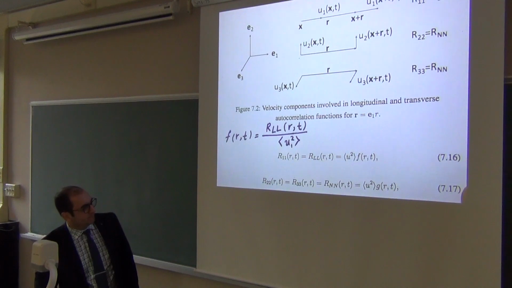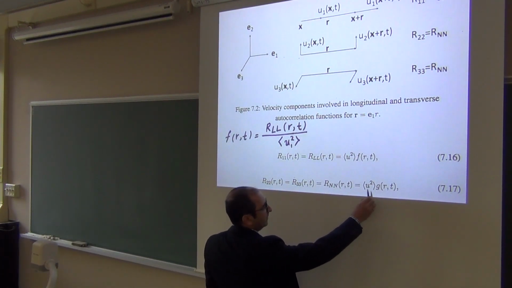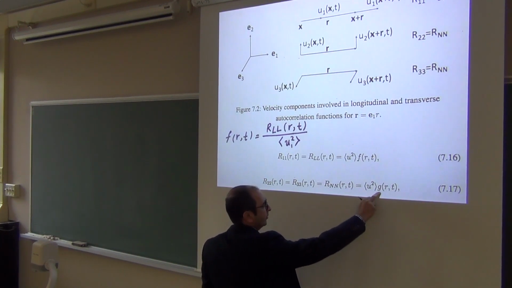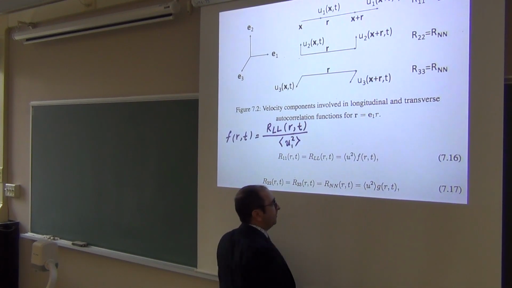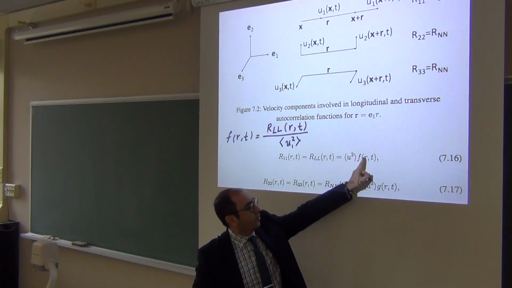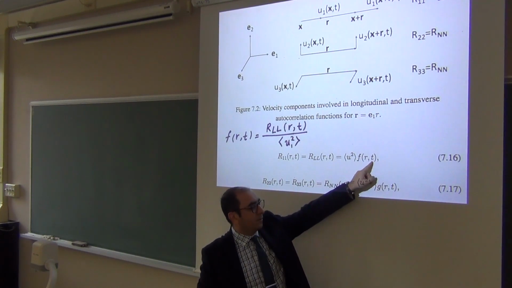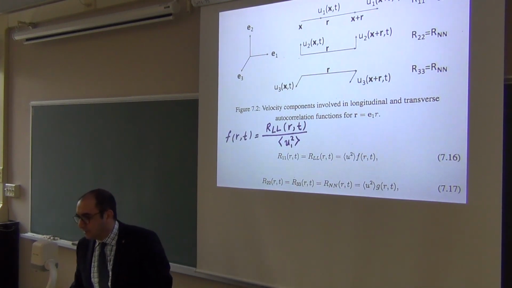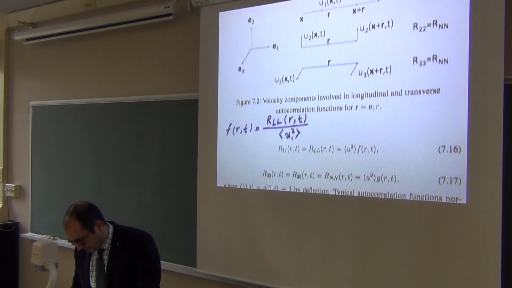Likewise, the transverse component can be normalized. If you factor out a normal component of Reynolds stress, U squared, then you're left with G. Remember, F and G are mainly functions of separation distance, R. But of course, for non-statistically stationary flow, they can also be a function of time when you're making the measurement for transient flows and so on.